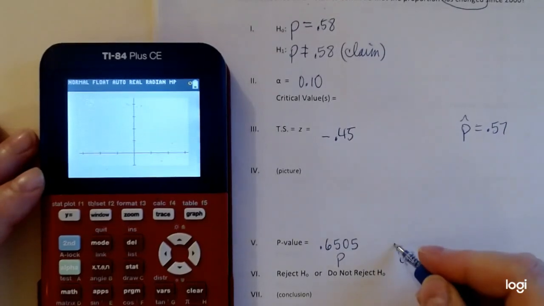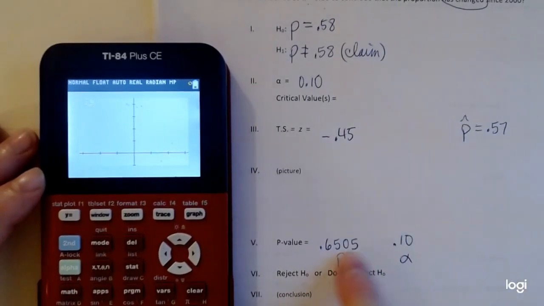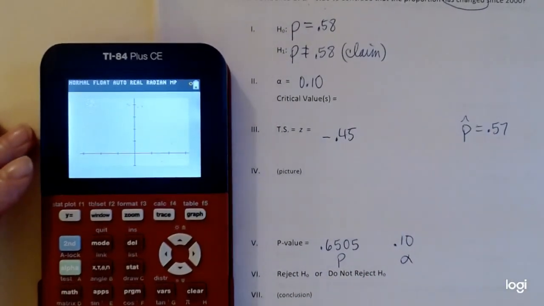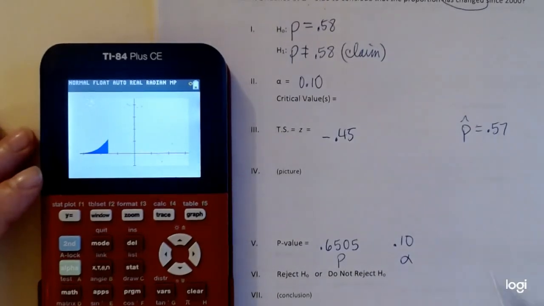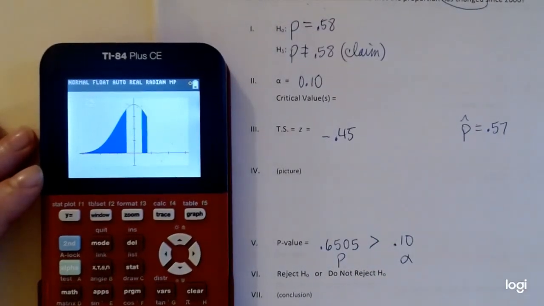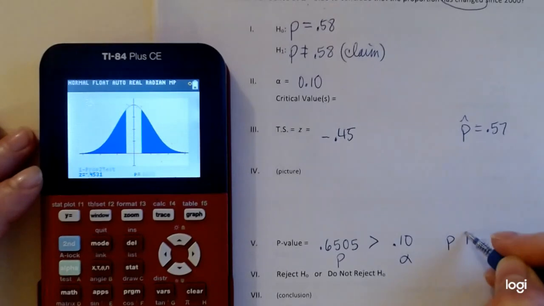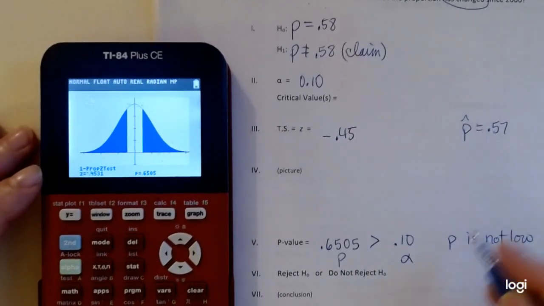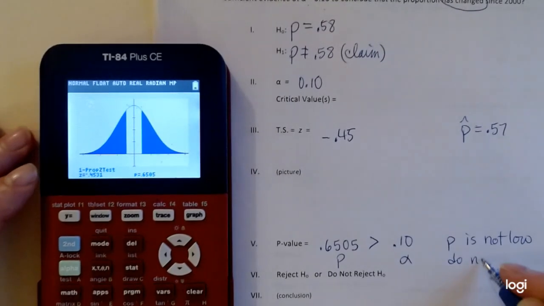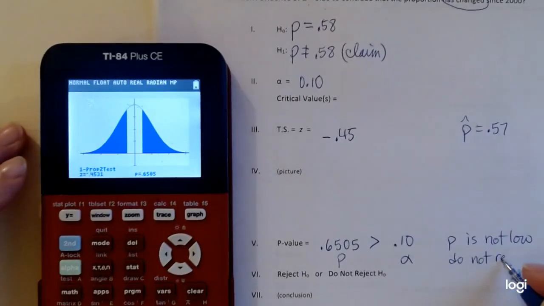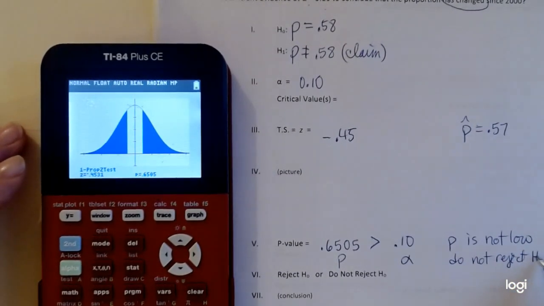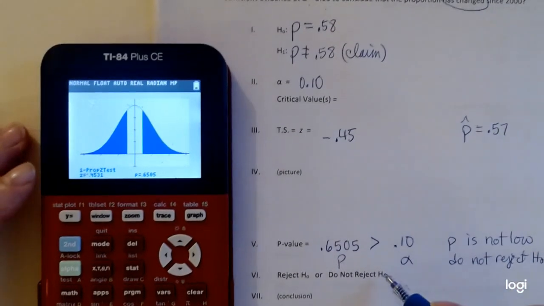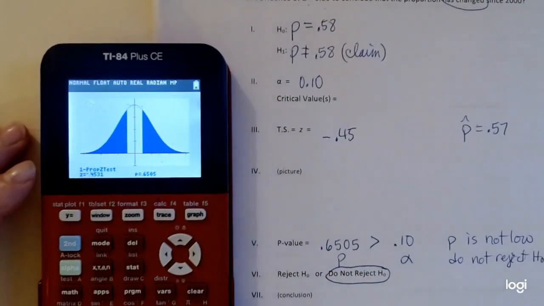Alpha, remember, was 0.10. This is clearly much larger than that. So we have p is greater. P is not low. So we do not reject Ho. So we do not reject.